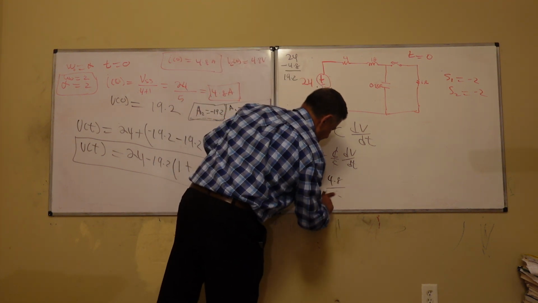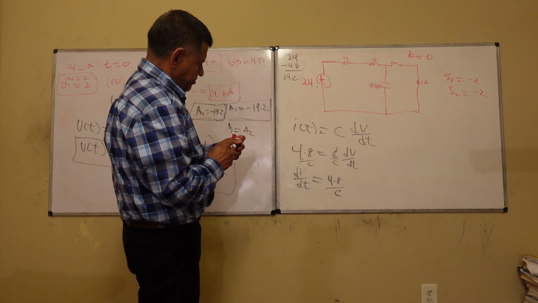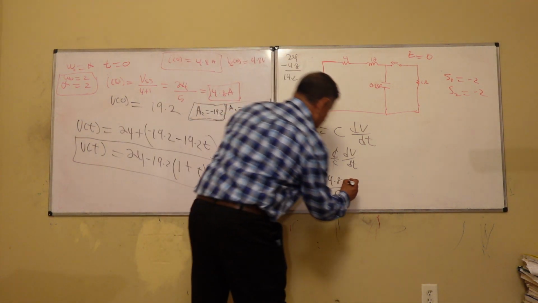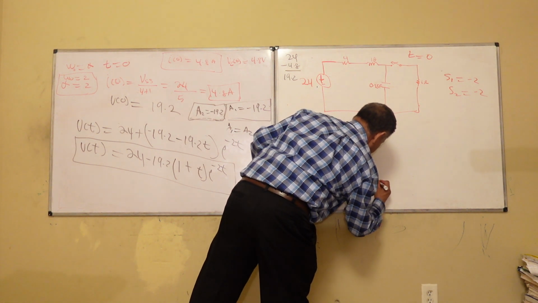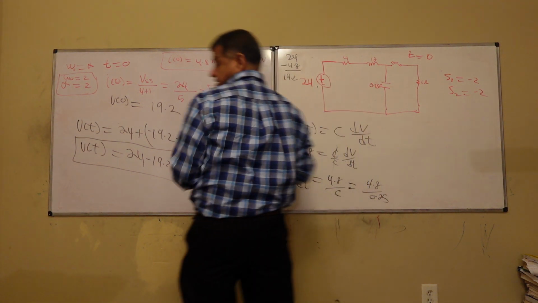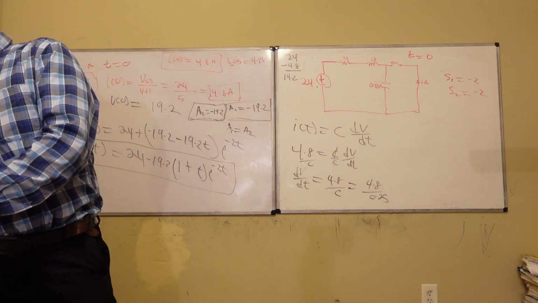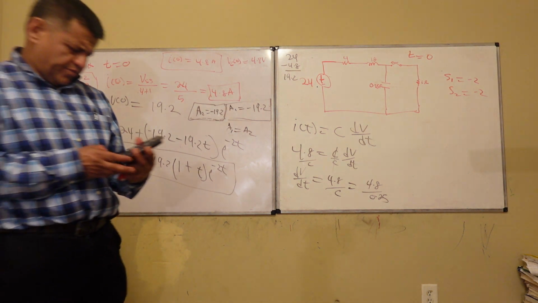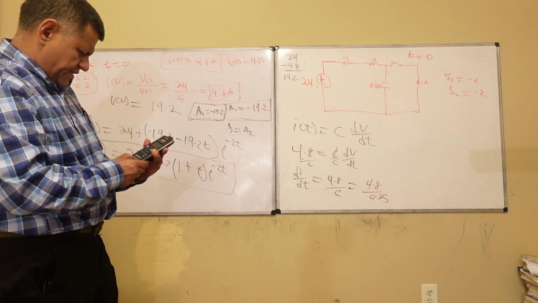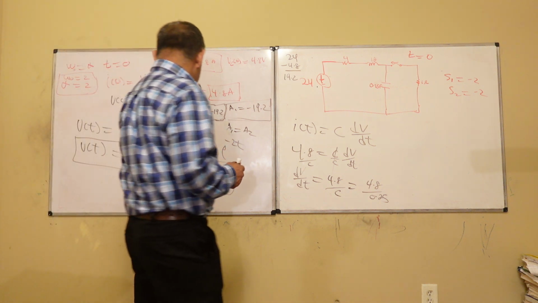So 4.8 over 0.25, I believe it was. So 4.8 divided by 0.25 is 19.2.